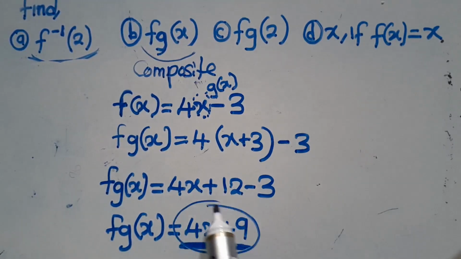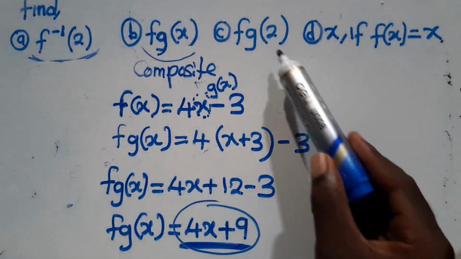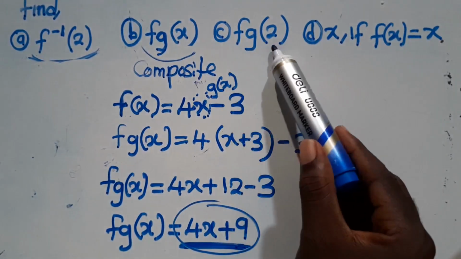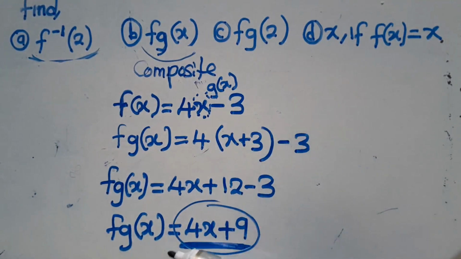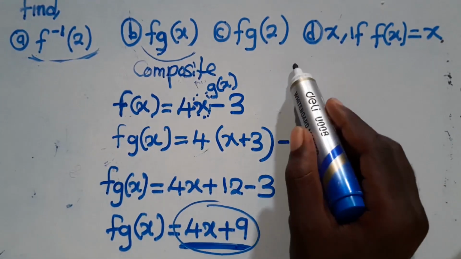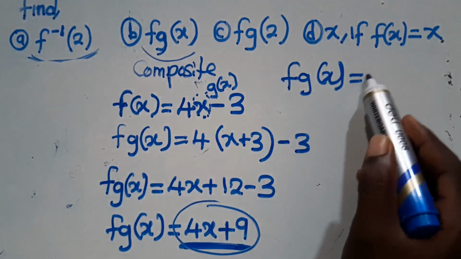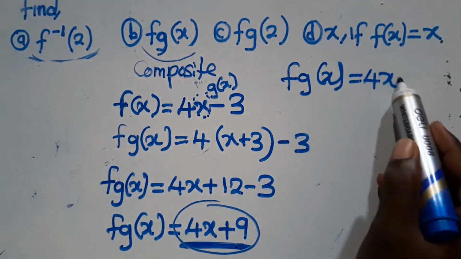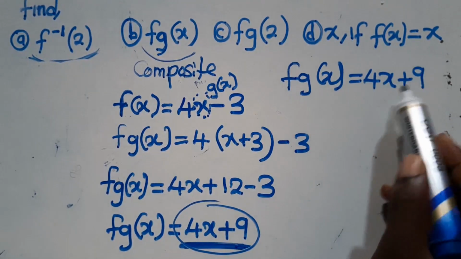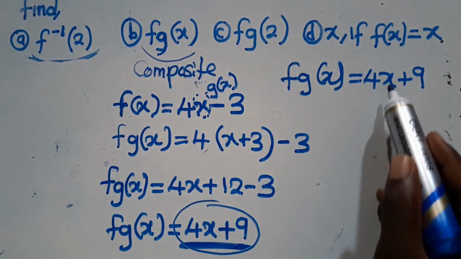This is my answer. Looking at this other part, they're saying f of g of 2, meaning that in f of g of x, where there is x, I'm going to put a 2. So f of g of x is equal to 4x plus 9. Where there is x, I put a 2.